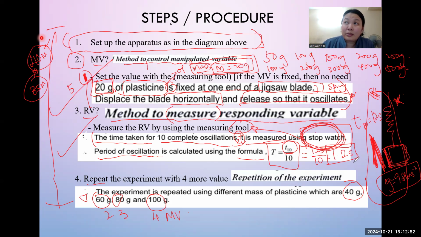Because the time is too fast, we better use the repeated time. Then finally, repeat the experiment, step 4. Repeat the experiment by using mass of plasticine which are, please mention the values, cannot say with a few values.